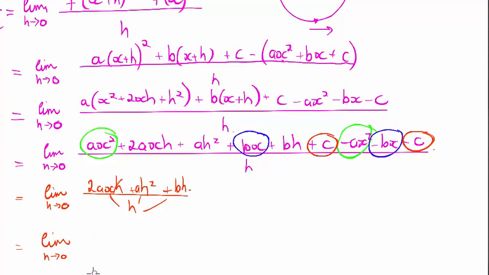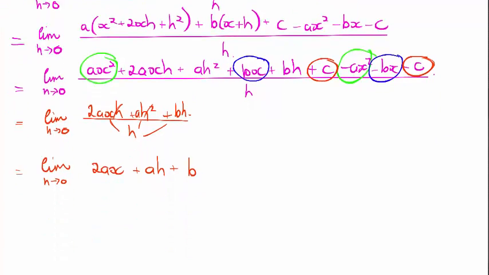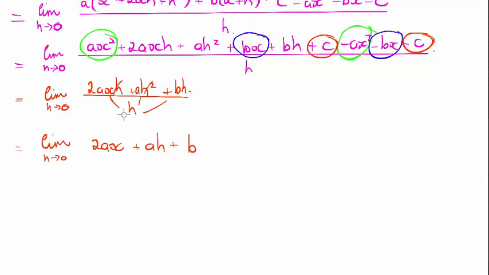When it's divided by h, the h will cancel, so I'll have 2ax. This term, when it's divided by h, I will have one of the h's cancel, so I'll have plus ah. This last term, the bh, the h's will cancel, and I'll have b left. My denominator has now divided every term, so I don't need the denominator again.